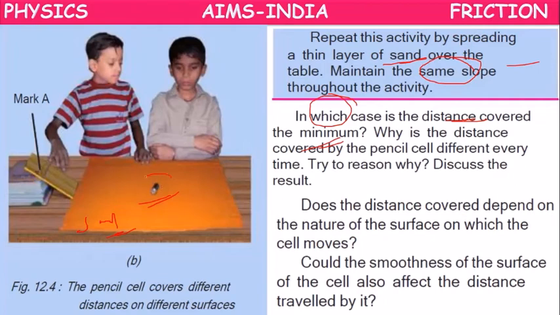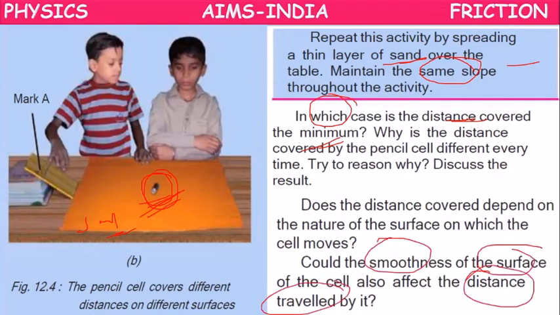So the distance traveled by the pencil also depends on the smoothness of the surface. Depending on the type of surface, the distance traveled by the pencil will be different.